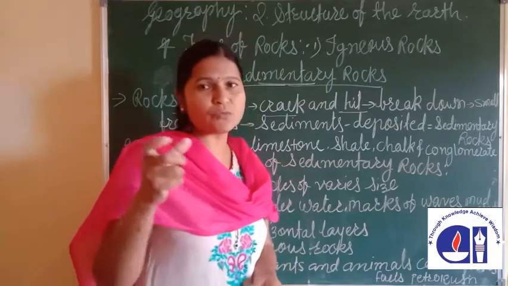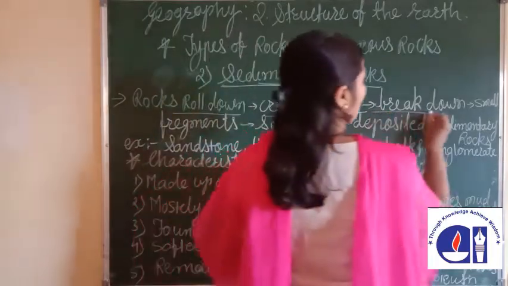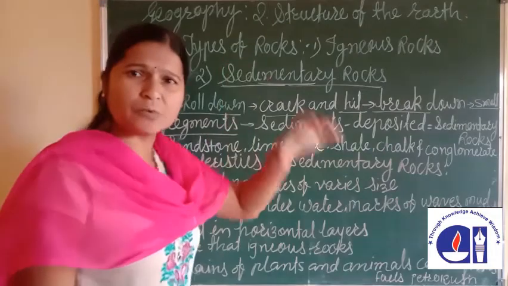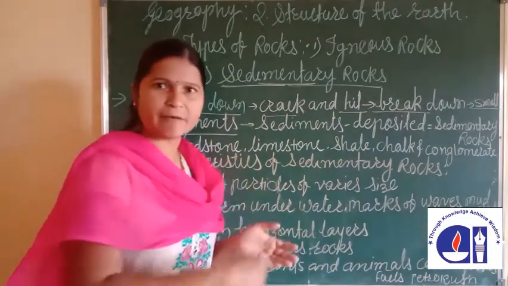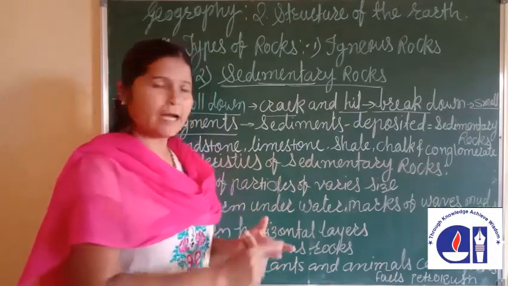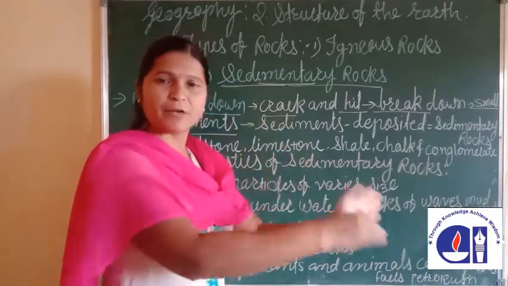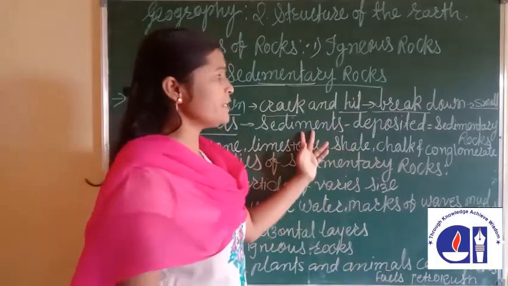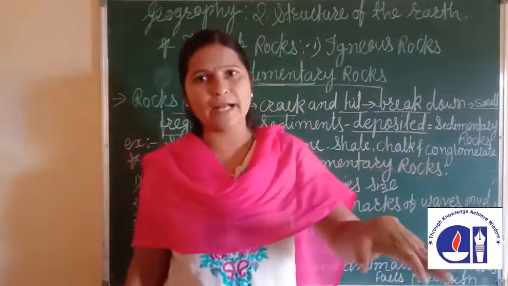which turns into small particles, small stones, broken down into small fragments, and all these small pieces of igneous rocks are carried away with the water, with the wind. All these carried away fragments are called sediments, and all these sediments are deposited in a lowland area.